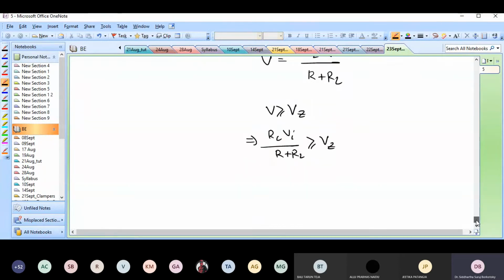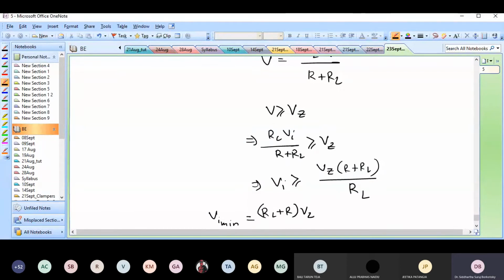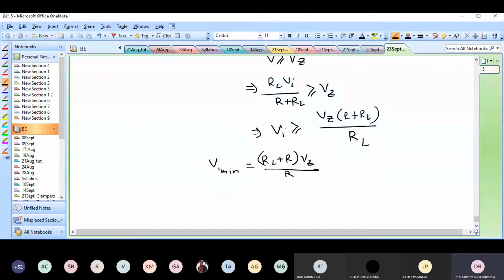In that case, VI should be greater than Vz times R plus RL by R. So VI min is equal to (RL plus R) Vz by R. So this is our minimum required voltage.